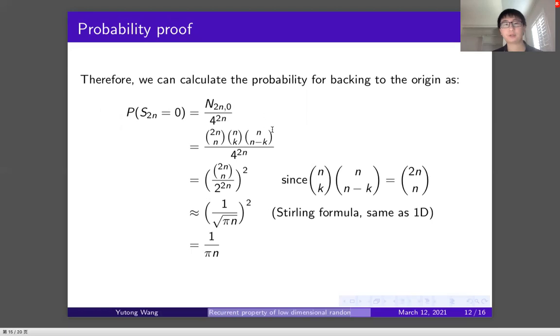By simplification we can get this form, and using the Stirling formula, we get a form of pi times n over 1 eventually.